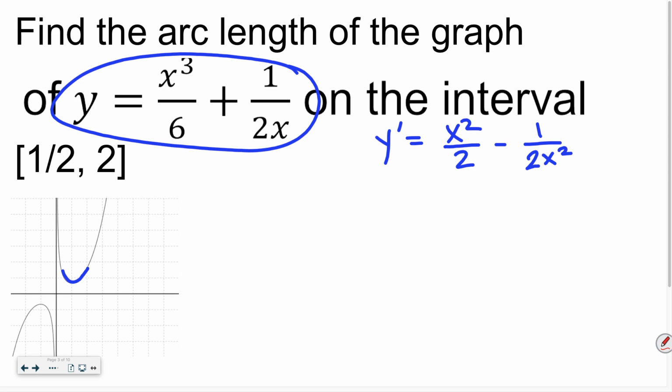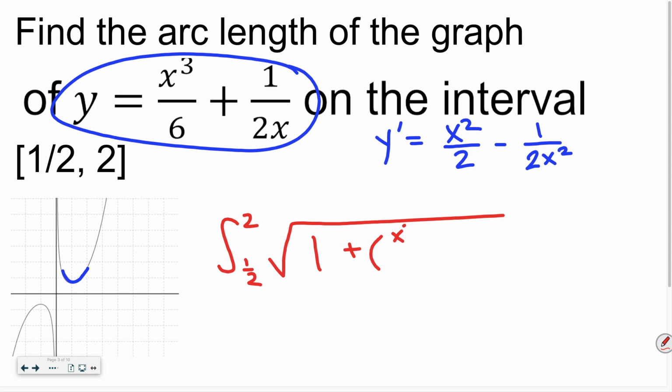So our arc length is going to be the integral from 1/2 to 2 of the square root of 1 plus our derivative squared dx. Mrs. Holman, we are doing this one by hand.